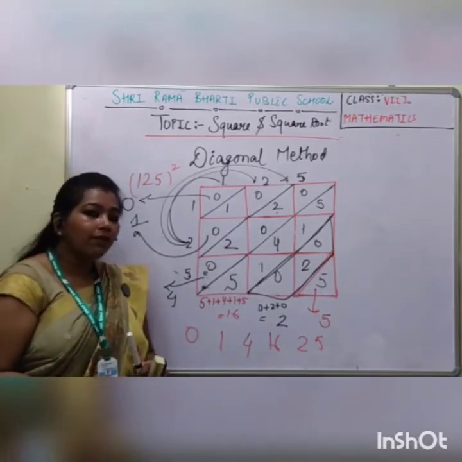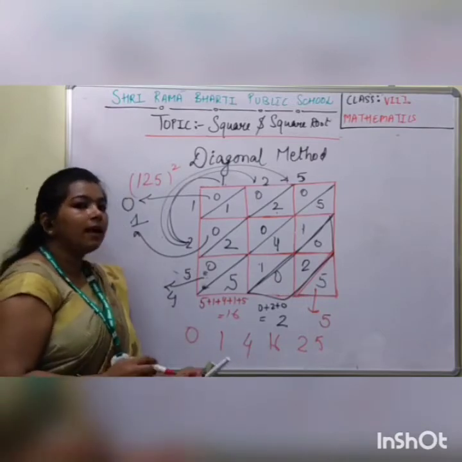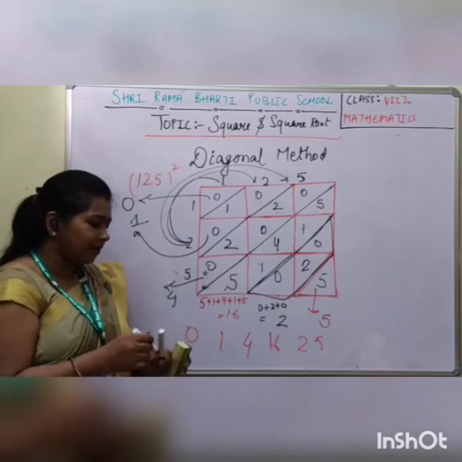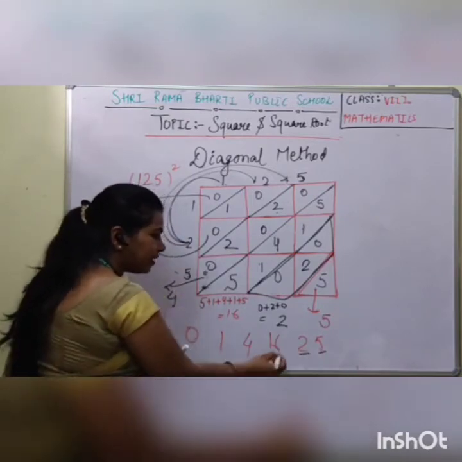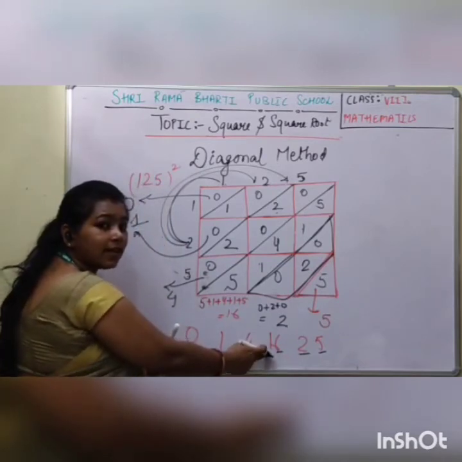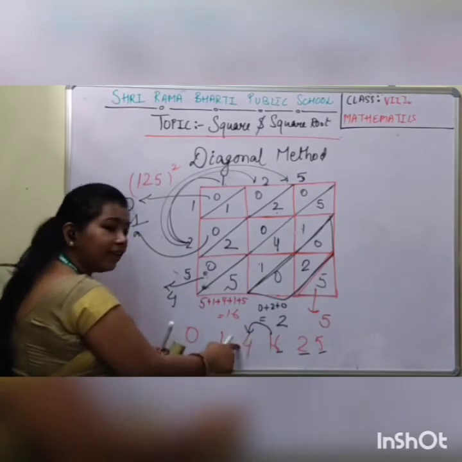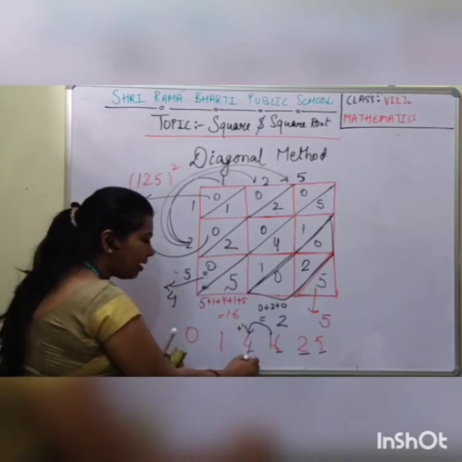So what we will do? We will take the unit place of all the resultant numbers. When we take the unit place, we will take this, this, and this. Now here 2 digits are there, so we will carry forward this 1. When we carry it forward, this 1 will add into 4, so it will become 5.